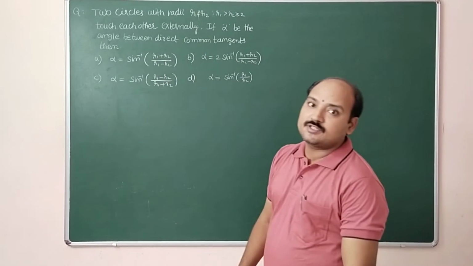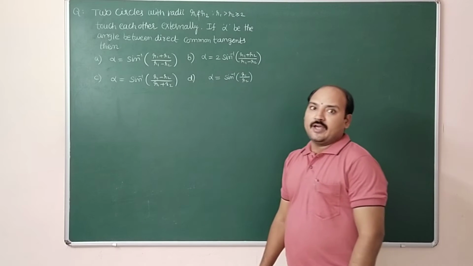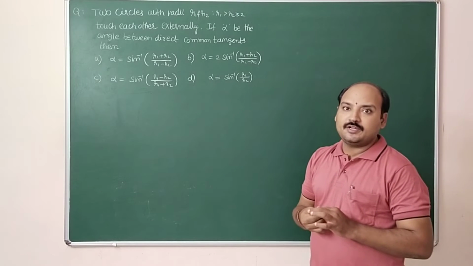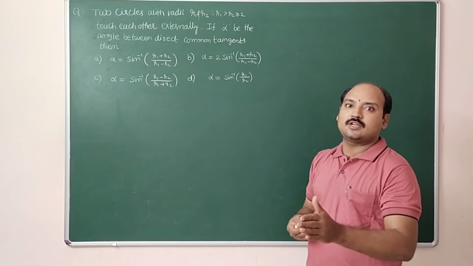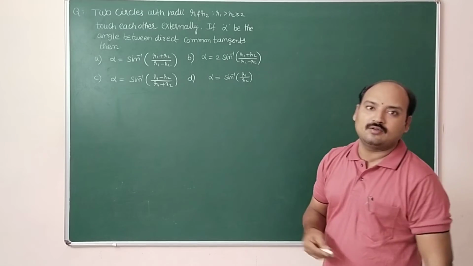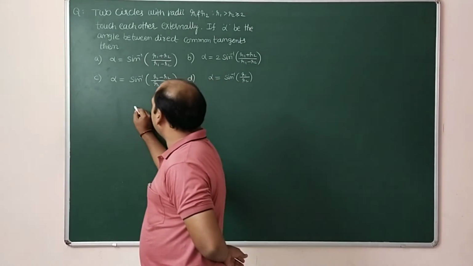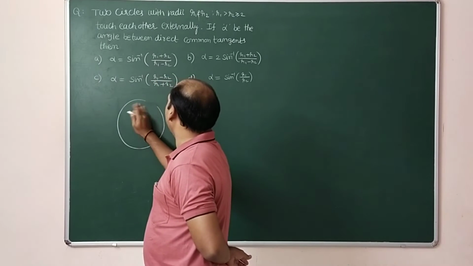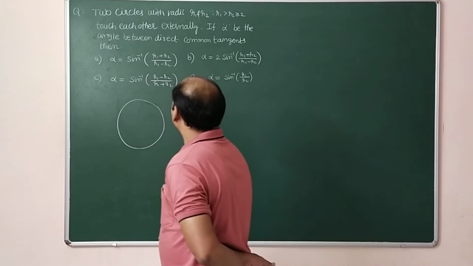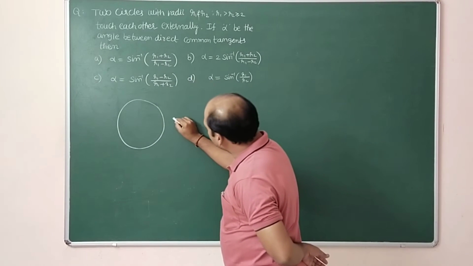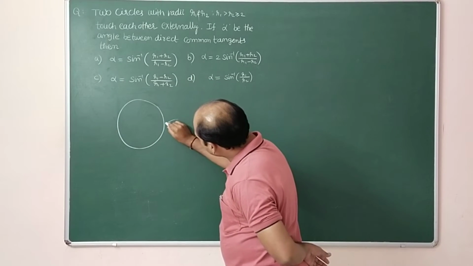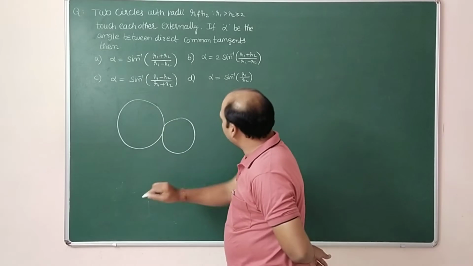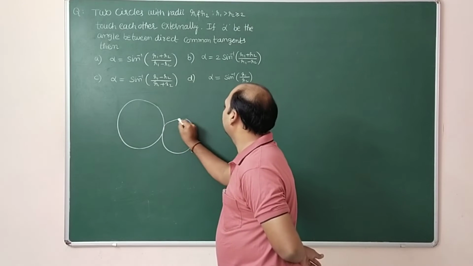Direct common tangents means the tangents where the two circles lie on the same side of the tangent. So observe the figure. This is the first circle and another circle also, the small circle you can take.